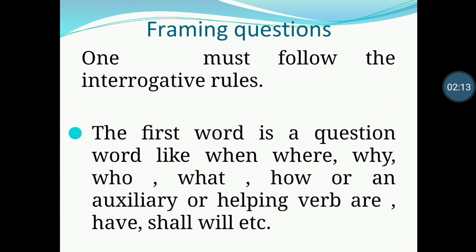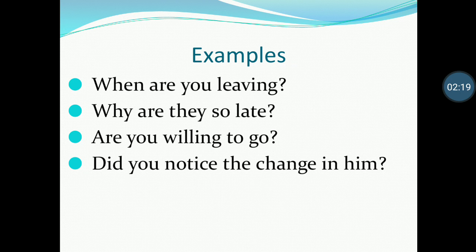Without these we cannot frame WH questions or any kind of interrogative question. If you look at these examples, all the interrogative sentences start with either the WH words or the helping verbs. So we need the WH words and auxiliary verbs to frame a question. This is rule number 1.